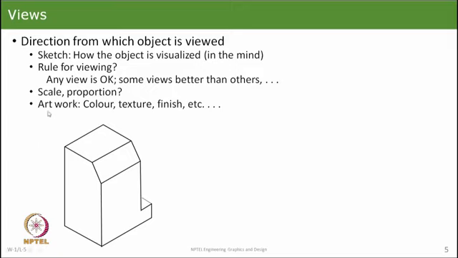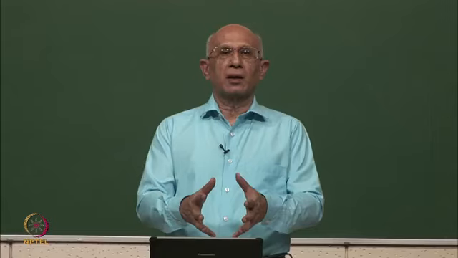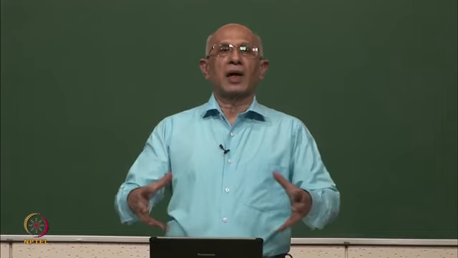What scale or proportion should we use? That is another issue. We had seen it in our previous lecture. Our drawing sheet size is fixed; if the object fits into it nicely, use that size. If it is too big, we have to present it on a lower scale. If it is too small, we have to enlarge it and present it.